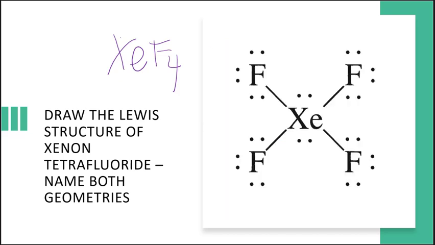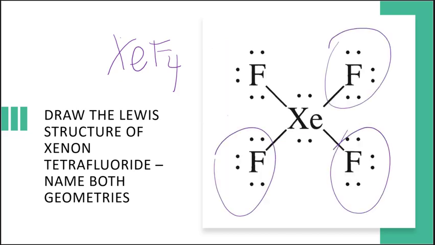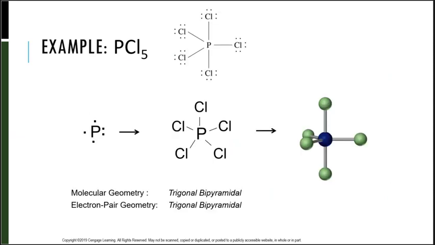We should have those 4 fluorines off of xenon. And if you do your electron count, you still have 4 extra electrons to account for. So there would be 2 lone pairs and 4 atoms. So that would be octahedral electron geometry and square planar for molecular geometry. Try PCl5. The molecular geometry and electron pair geometry would be the same here, trigonal bipyramidal.